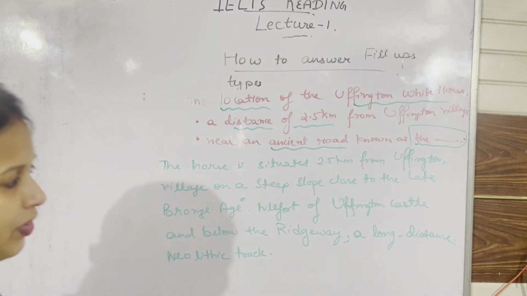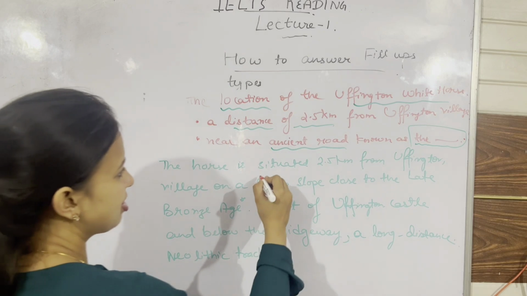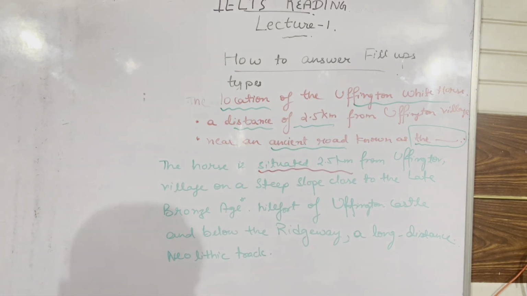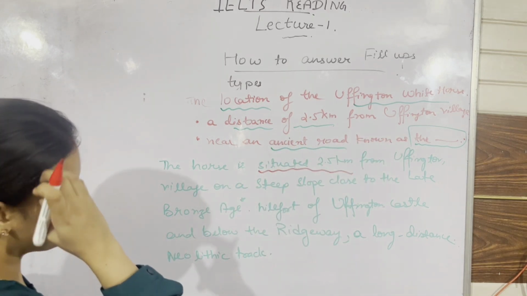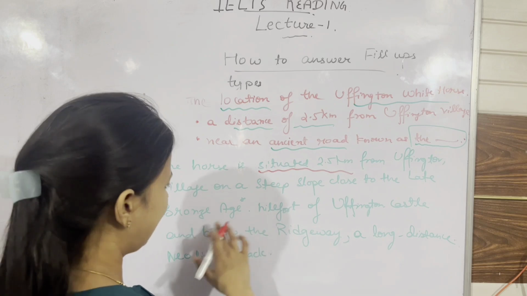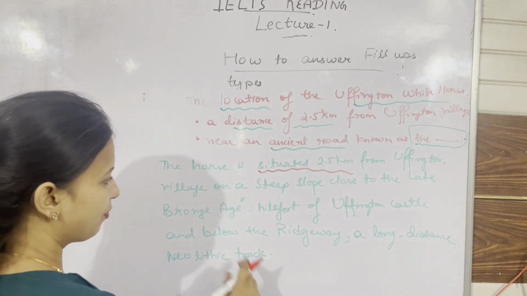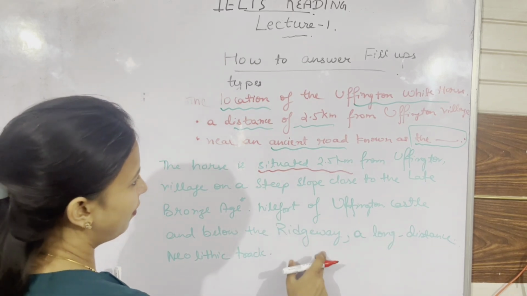A noun has to come. Locate the same. Location means they are talking about where it is situated. 2.5 kilometers I got from Uffington village, on the steep slope close to the late Bronze Age hill fort of Uffington Castle, and below the ridgeway.